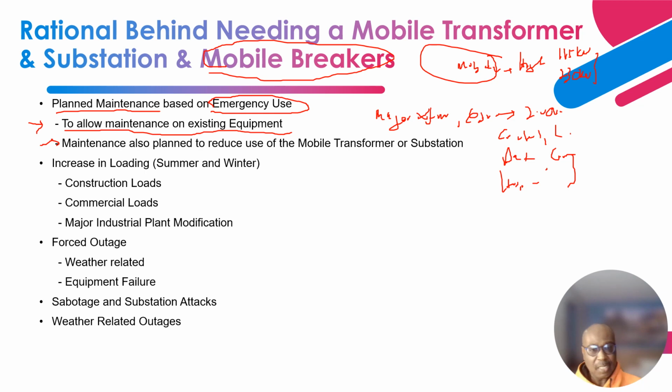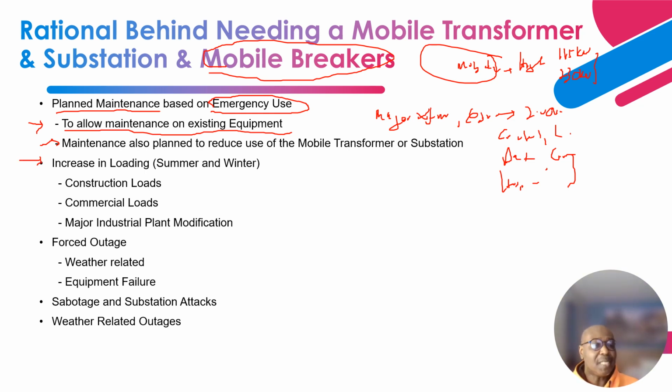So what they do is plan this plant maintenance during a non-peak period, and they put in the optimization to perform the maintenance when they can transfer the load to another feeder. But if you don't have an N-1 contingency or N-2 contingency, then you don't have a choice. If there's a need to take the transformer out of service, that is when you really need the mobile transformer or mobile substation.